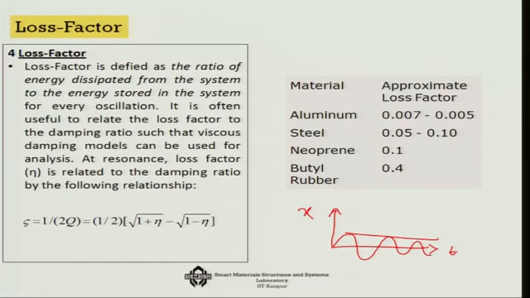So, you find out that for one particular cycle, let us say from this point to this point, you have to find the ratio of the energy dissipated from the system to the energy stored in the system.